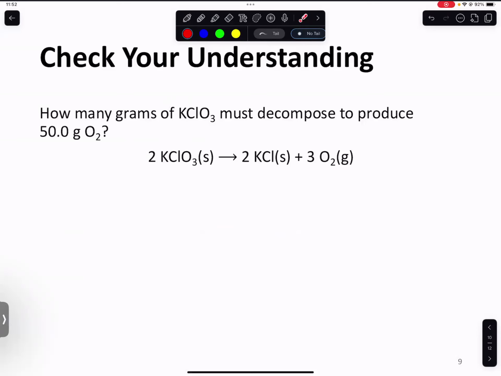Now, let's check our understanding and see how we can apply. I'm using, again, the same example for the reaction, but if you notice, I'm going to be altering the problem in so many ways. So in this problem, it asks how many grams of KClO3 must decompose to produce 50 grams of oxygen.